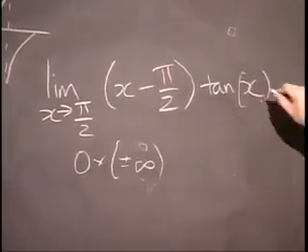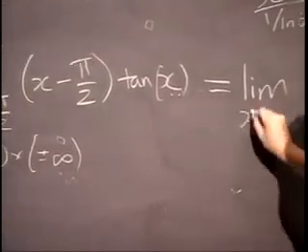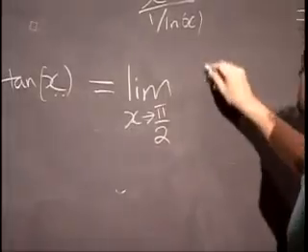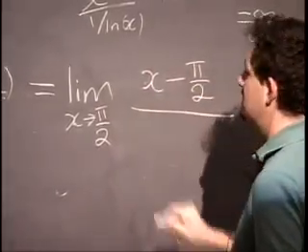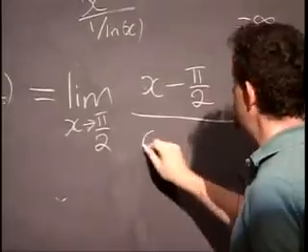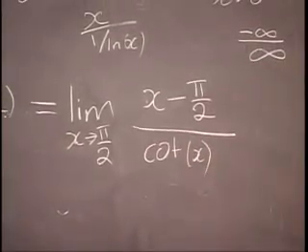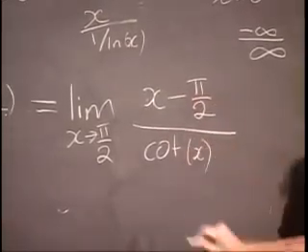So it turns out the best one to pick is the reciprocal of tan because, again, my general principle is if it's nice to differentiate, when you take the reciprocal of it is probably the right thing to do. In this case, if you put it on the bottom, 1 over tan is cotangent. We know that's quite easy to differentiate, and we know what the derivative is in any case. So now we've turned it into a 0 over 0 form.